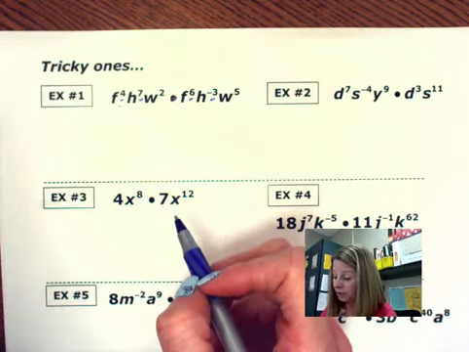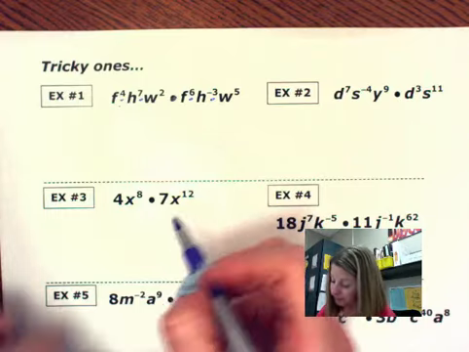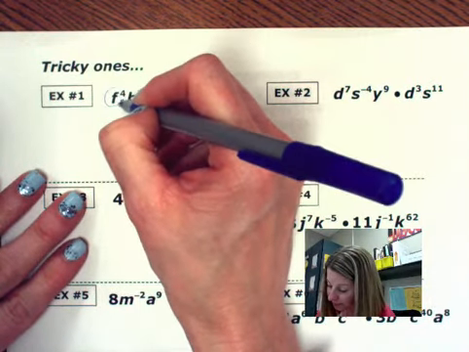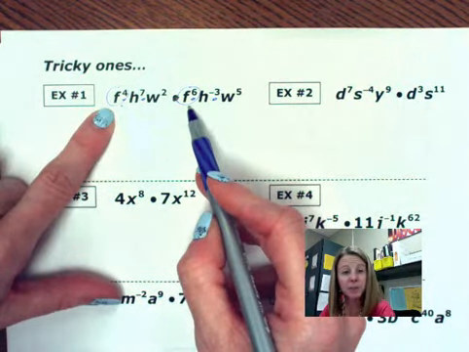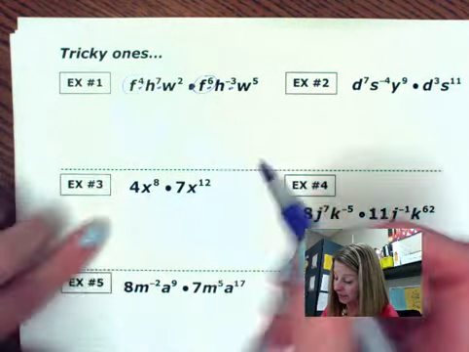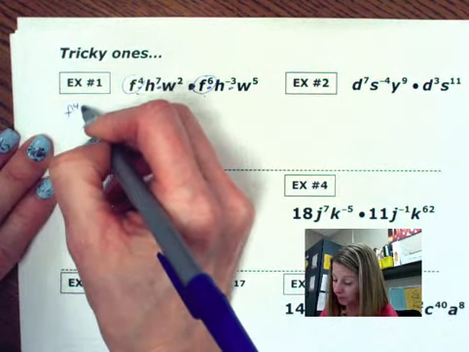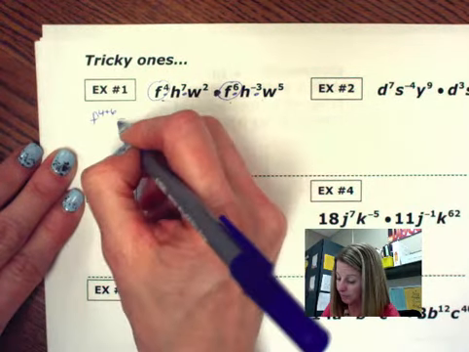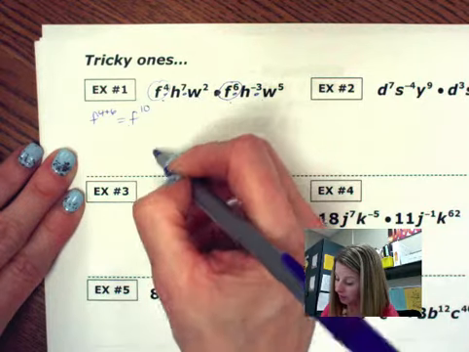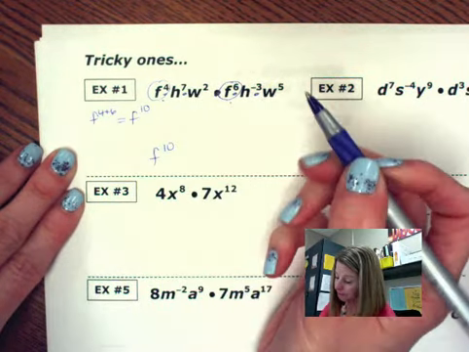So I want to really group together things that are similar. I see f a couple of times. So I have f to the 4th times f to the 6th, which is really f to the 4 plus 6 power, which is f to the 10th.